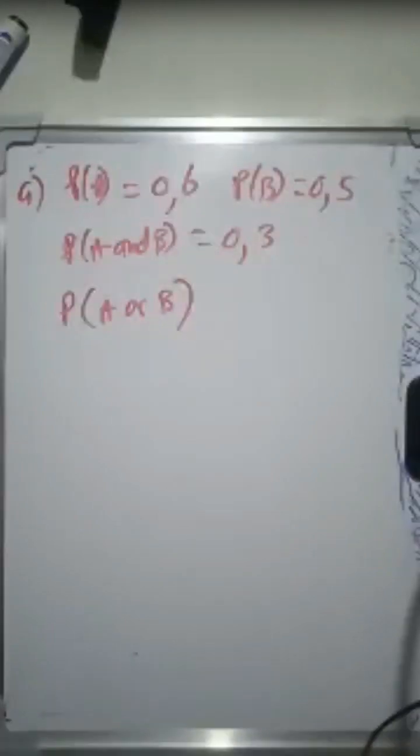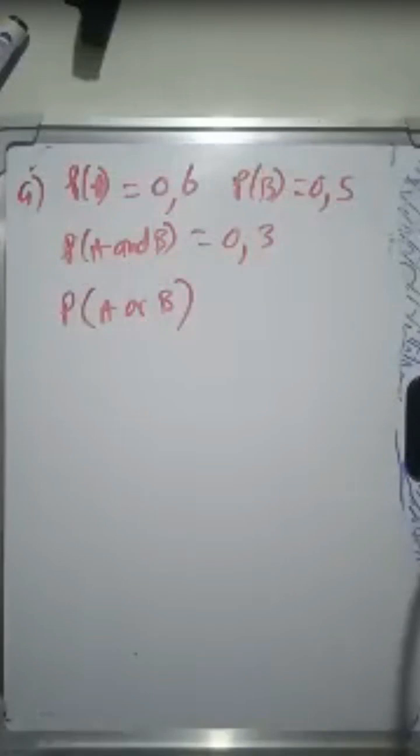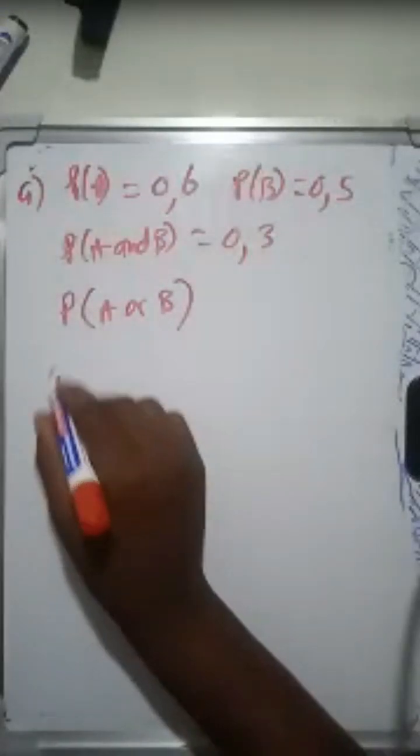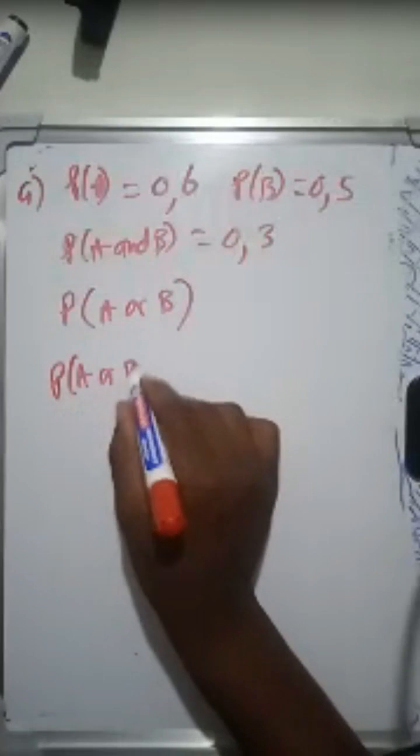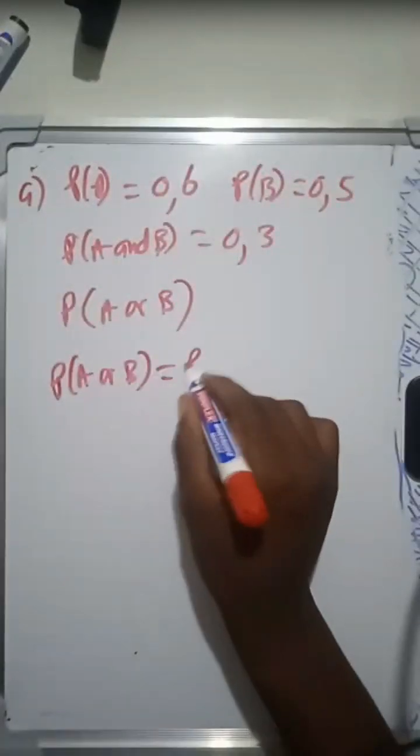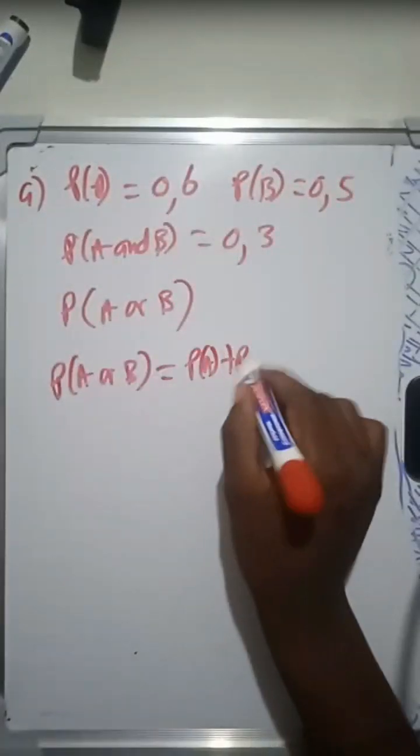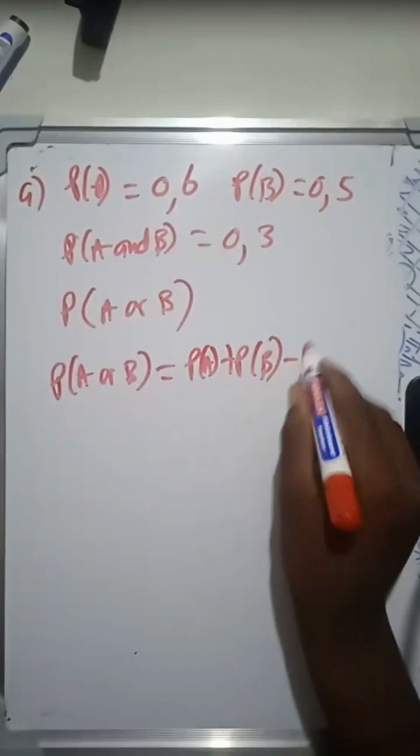Right? That is simple. If you remember, which rule are we going to use in order to calculate the probability of A or B? We numbered them 1, 2, 3, 4. We're going to use the general rule because the probability of A or B is equal to the probability of A plus the probability of B minus the probability of what?